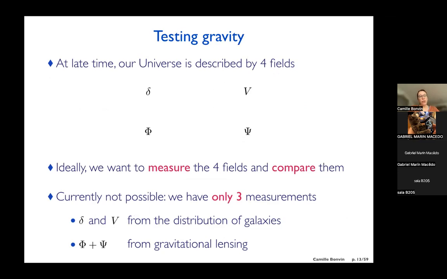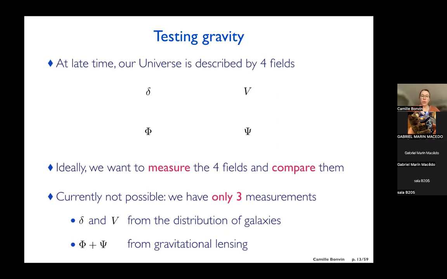Over this redshift range, our universe can very well be described by 4 fields. First we have 2 fields that describe the perturbation in the content of the universe, so delta is the density fluctuation, and V is the peculiar velocity of galaxies. And then we have the 2 gravitational potentials that describe perturbation in the geometry of the universe.